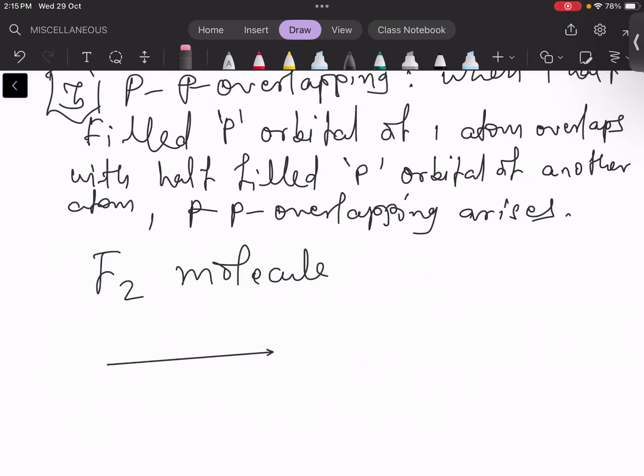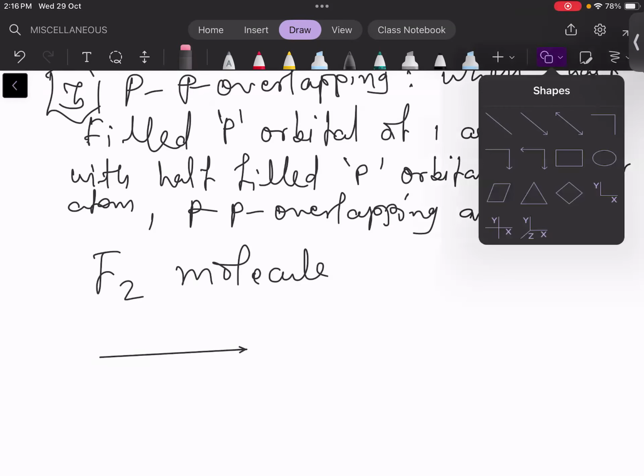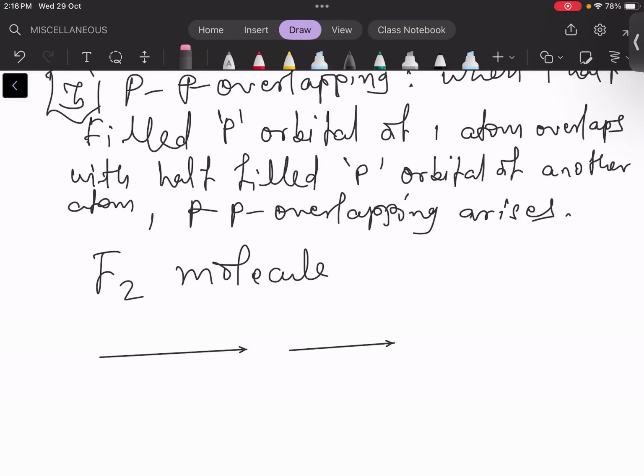So this is a half-filled p orbital of one atom, and this is a half-filled p orbital of another atom, right?